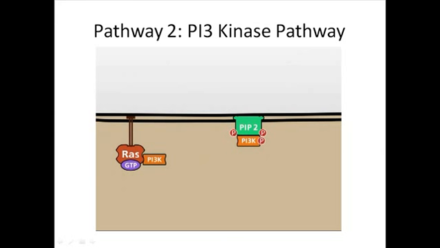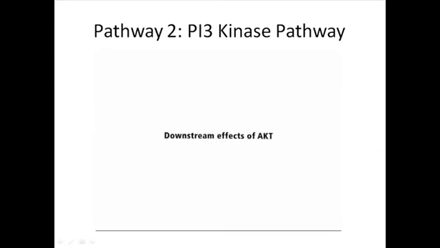The active PI3 kinase migrates to the inner side of the cell membrane and binds to phosphatidylinositol 4,5 bisphosphate, or PIP2, which is a regular component of the membrane and is anchored by its 2 fatty acids in the lipid layer of the membrane. PI3 kinase is able to phosphorylate PIP2 to PIP3. PIP3 can activate the kinase AKT, which is also called protein kinase B and was named after its homologous protein in the retrovirus AKT8.